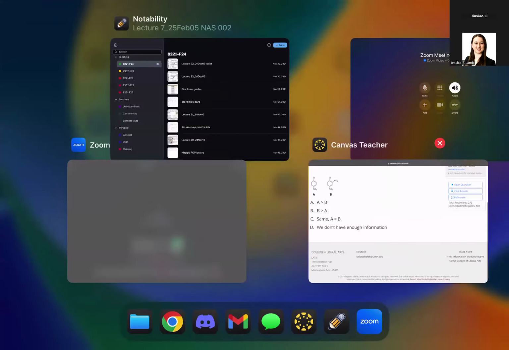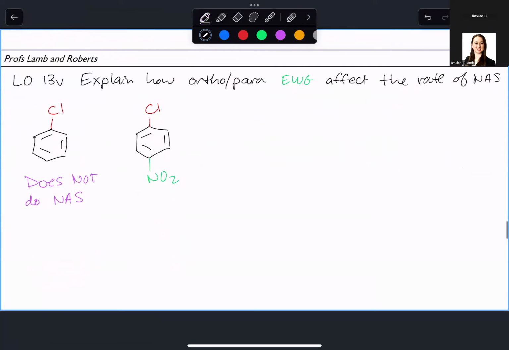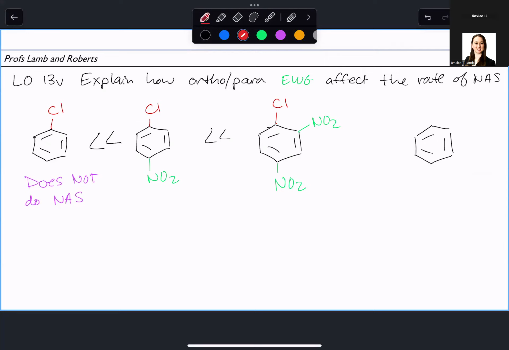Okay, so we talked about how one nitro group makes the rate faster. Now, if we have two nitro groups, this is going to be even faster. And if we were to have three nitro groups, that would go even faster, right?